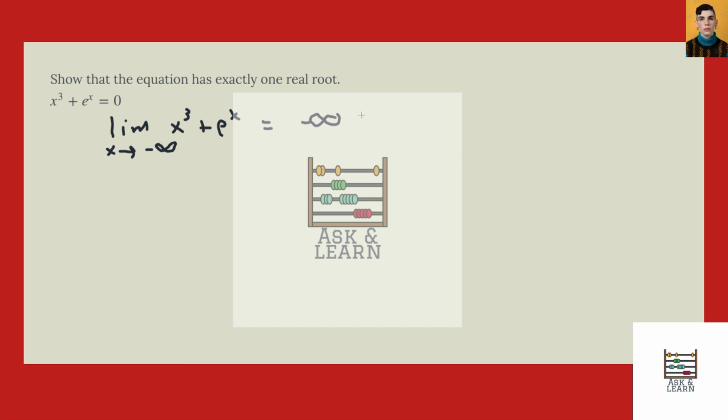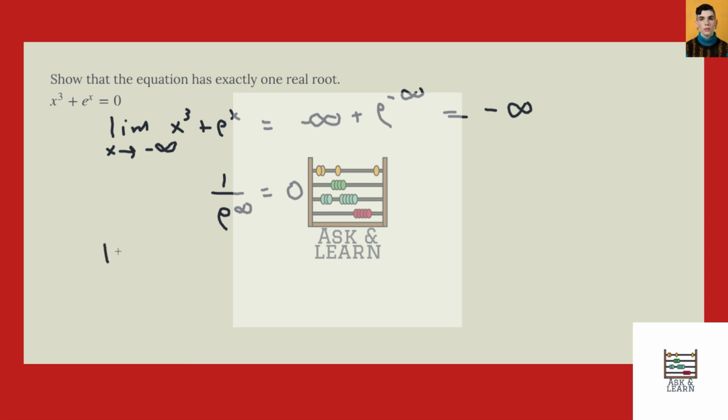So we label that as negative infinity, and then we get plus e to the negative infinity. Recall that any number raised to a negative exponent goes under the denominator. So e to the negative infinity becomes 1 over e to the infinity, and 1 over a very large number approaches 0. So this approaches negative infinity.